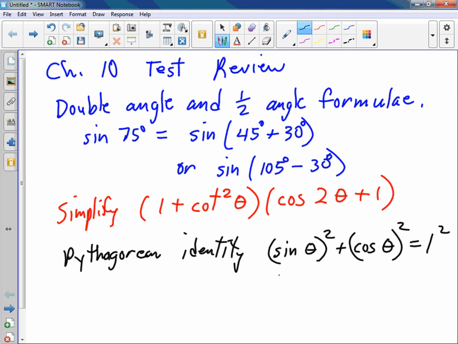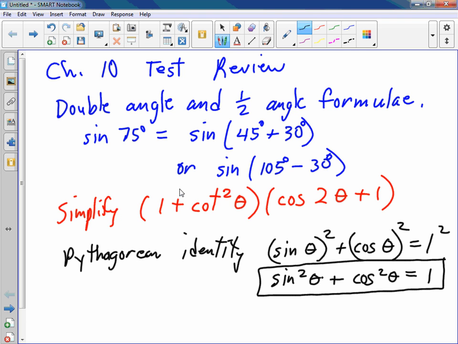And normally you see that written as sine squared theta plus cosine squared theta equals 1. You'll definitely have to use that. Used in many, many, many ways.